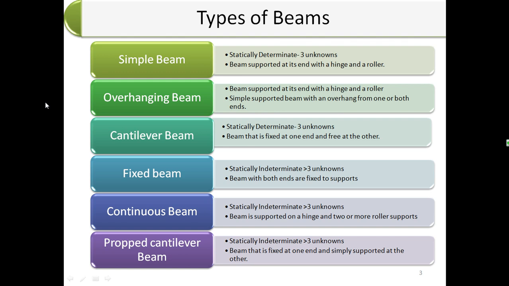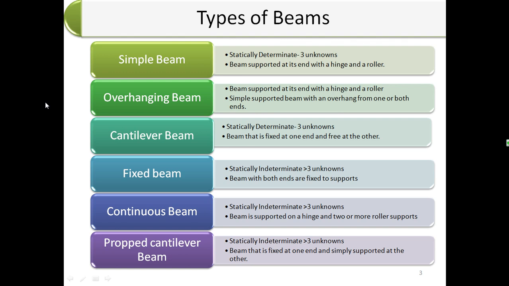And next is the fixed beam. A fixed beam has one end fixed like a cantilever, and the other end, the free end of the cantilever, is also fixed. If both ends are fixed, there will be six unknowns. At one support we have three unknowns: vertical reaction, horizontal reaction and the moment.